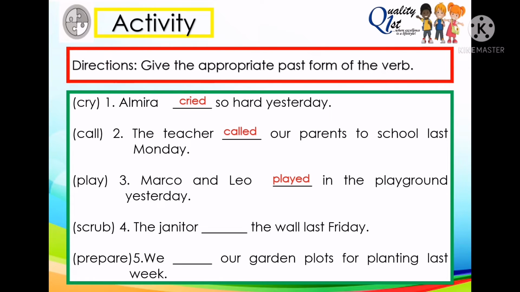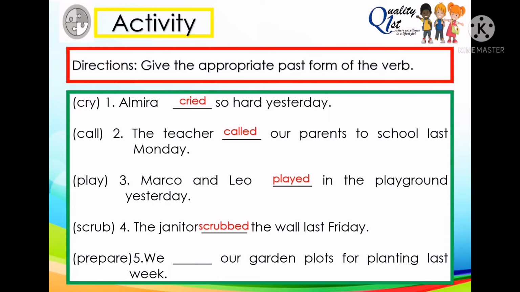Number 4. The janitor blank the wall last Friday. Now, the verb is scrub and it ends with letter B. Now, what do we have here? Yes, well done, kids. You just have to double the last letter, which is letter B, and add ed.